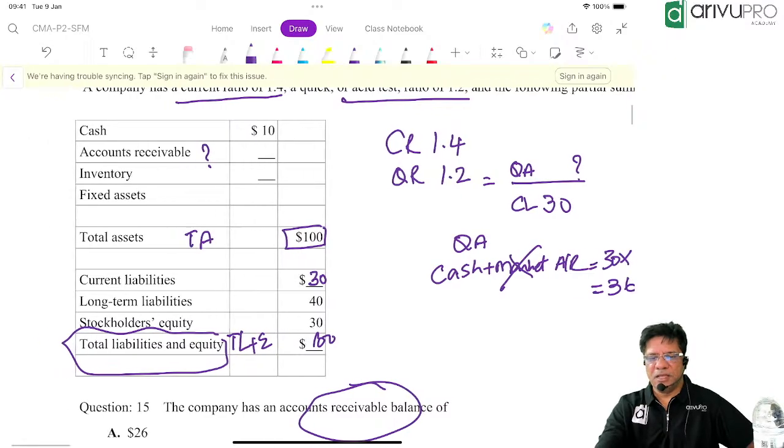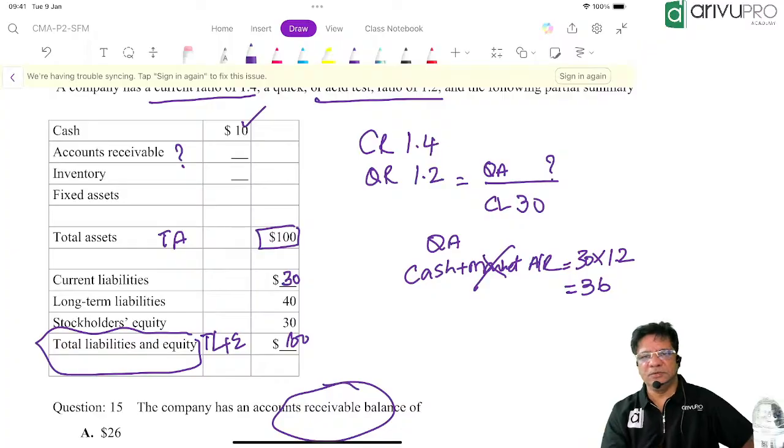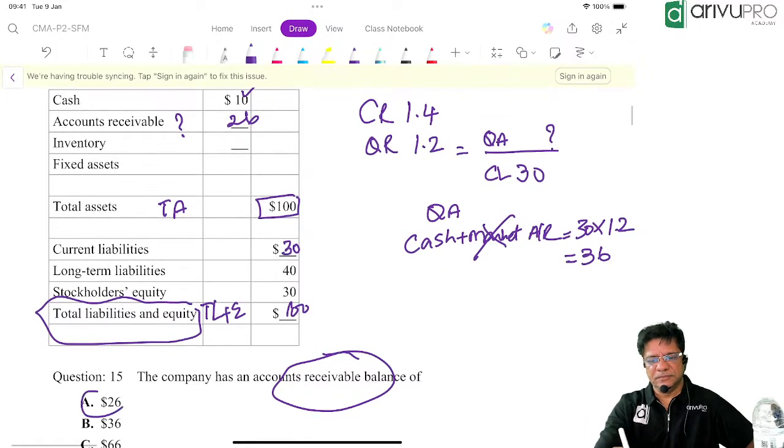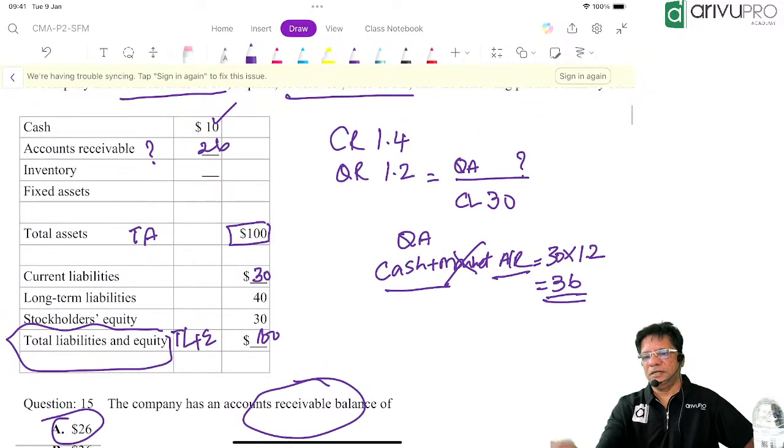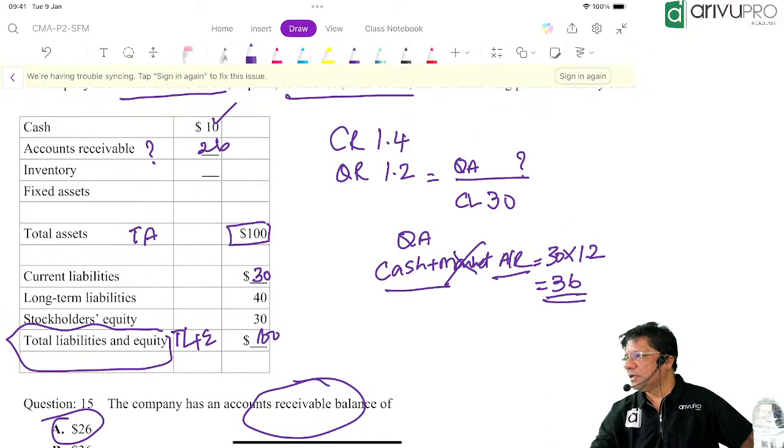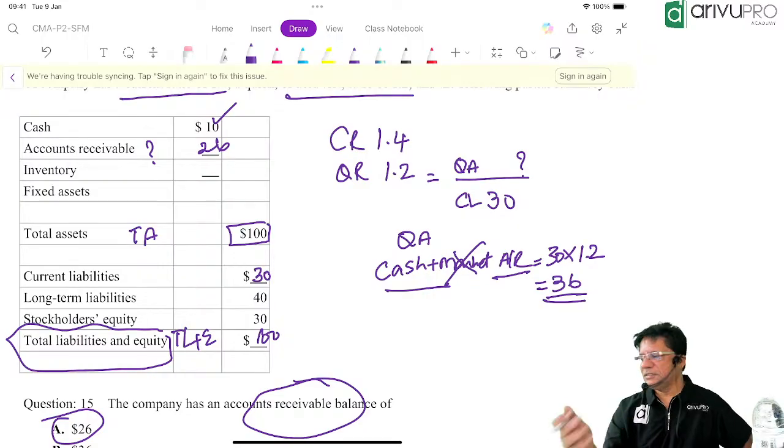How much is it? 36. Now in 36 your cash is 10, sorry, and account receivable should be 26. Understand? Here cash plus AR is 36, right? Cross multiplication: 30 into 1.2 is 36. But you already have a cash of 10. So the balance 26 is account receivable.